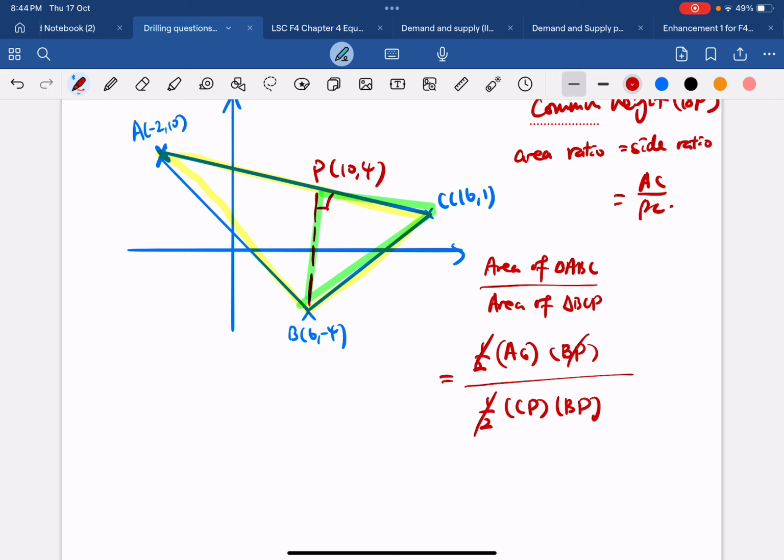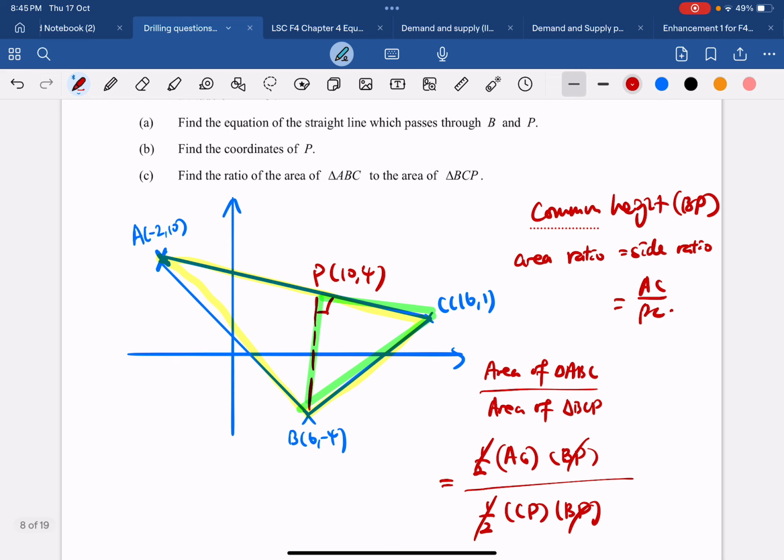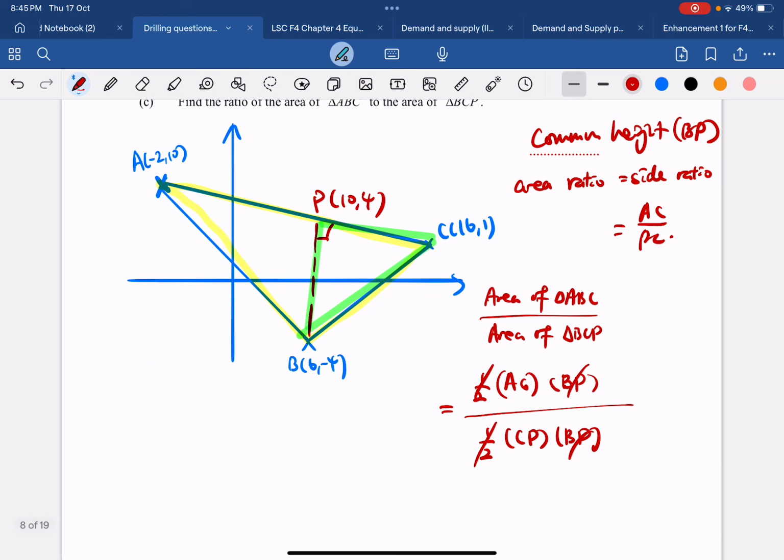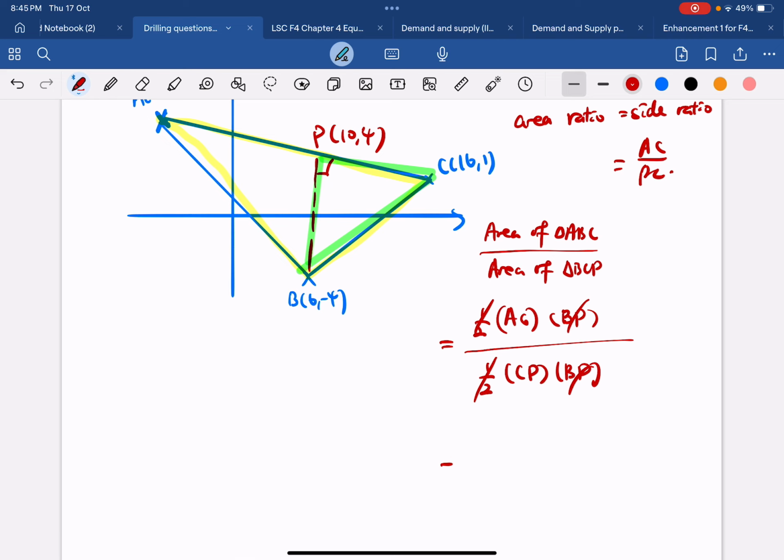So we can cross them out and you will find that the area ratio is just the side ratio. 即係呢個係共高嘅三角形，因為大家嘅高都係 BP，所以面積嘅比例就會等於佢哋個邊，即係個底嘅比例，所以就係 AC 除 PC.